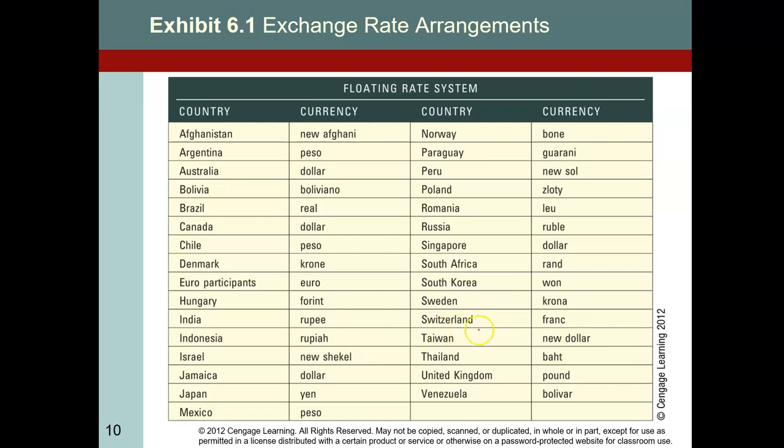Okay, so most countries, I would say, are using this floating rate system.